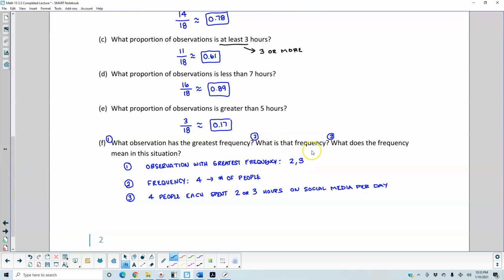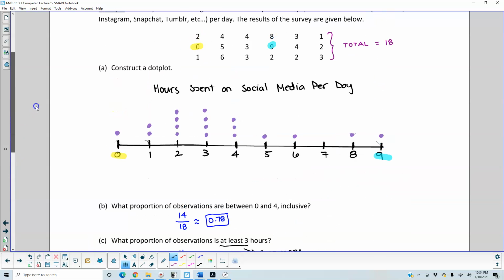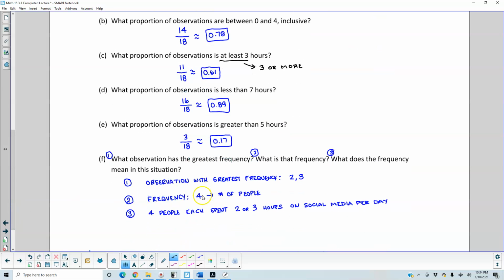The next question says, what is that frequency? Well, how many people here and how many people there? The frequency is 4, which is the number of people. So there are 4 people that have 2 hours, and there are 4 people that have 3 hours.